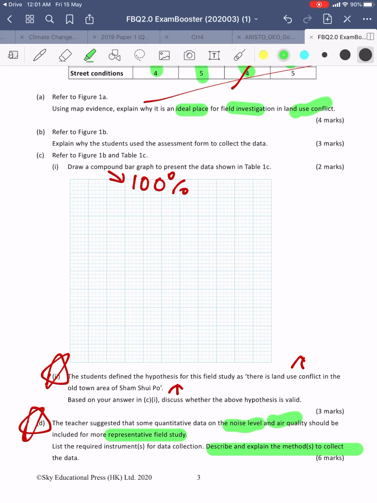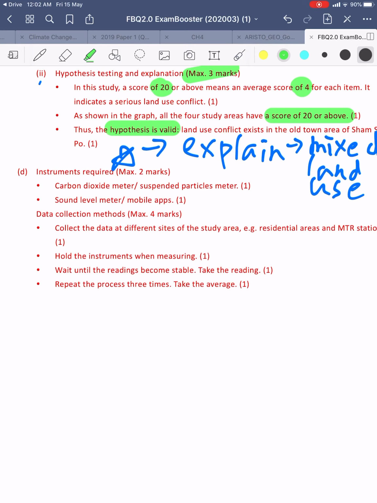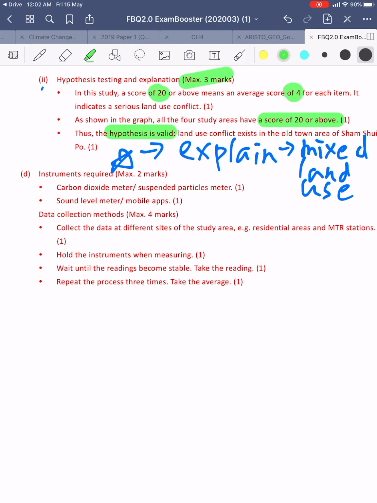For example, for noise pollution with a noise meter, you had better not record it when Mr. Leung is talking, or someone next to you is screaming. In order to get rid of that, or get rid of some deviance in the streets, for example suddenly some people shouting around, which may happen in Sham Shui Po, right? So what should you do? You have to record several times, and also do it at different sites in order to collect a larger sampling size, and hold the instrument when measuring.